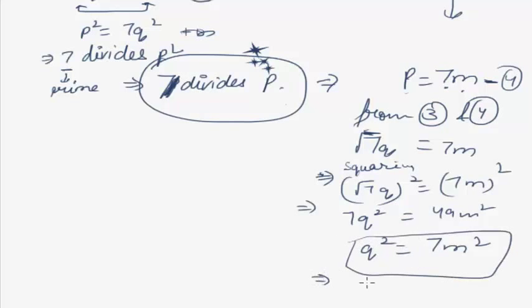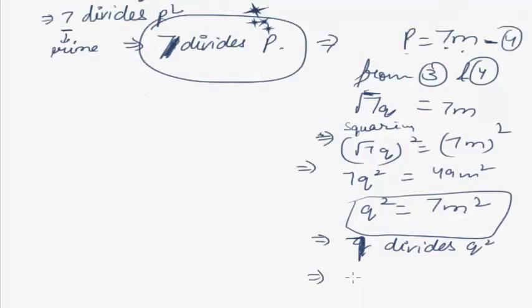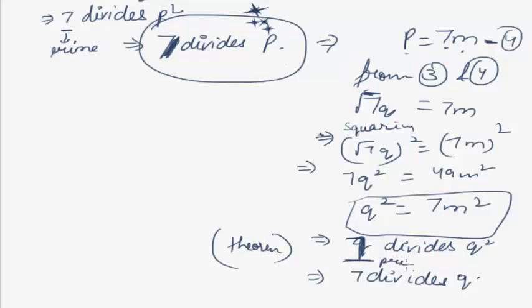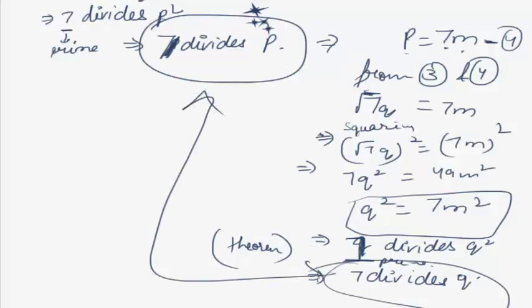That is, q square is divisible by 7, or 7 divides q square. That is, 7 divides q by our theorem, because 7 is a prime. Friends, from these two conclusions, 7 divides p and 7 divides q.